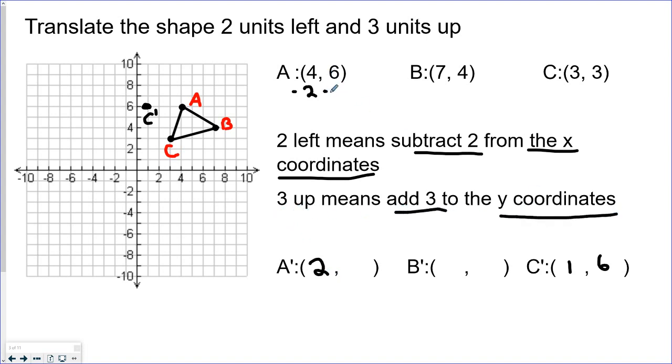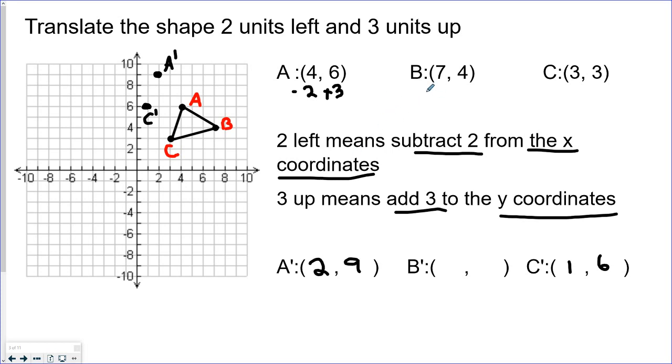So 6 add 3 would be 9. So my new point for A is 2, 9. So it'd be right there, and that would be A prime. And if you want to check it, you can. That is 2 left and 3 up. So you can do this completely algebraically as well.